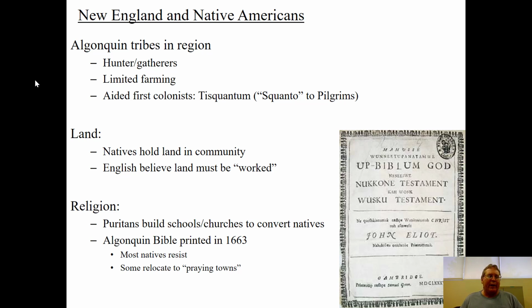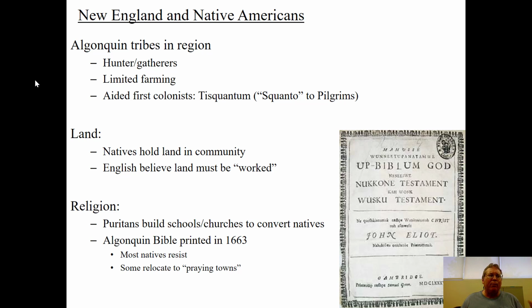So when people like the Pilgrims or John Winthrop and his Massachusetts Bay colonist Puritans come over, they do interact with the natives. They do try to get the natives to come to religious services, to adopt English manners and ways of doing things, dress like English people do. They do try to what they would call civilize the natives.